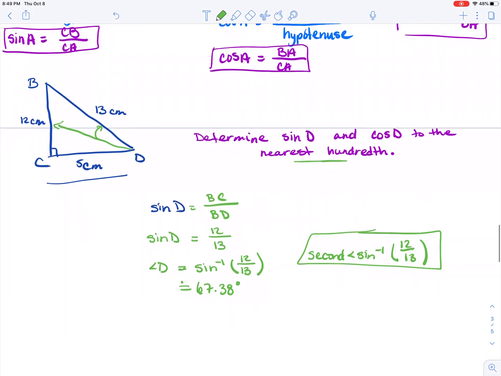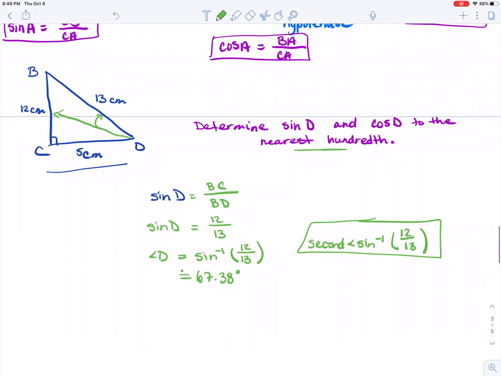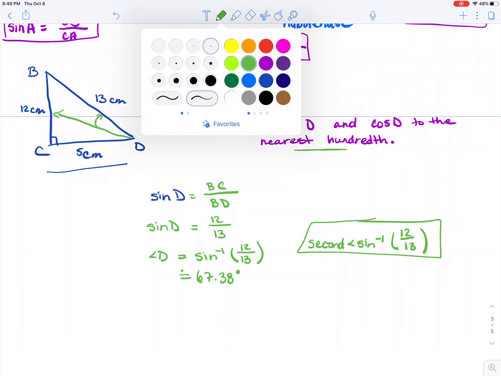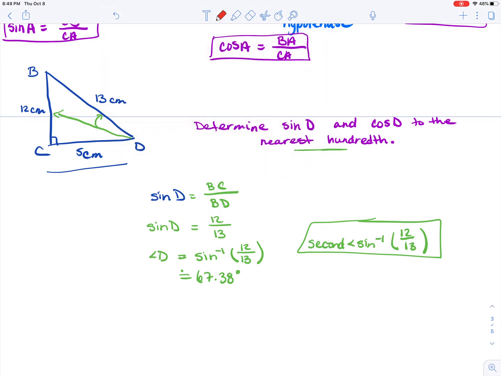Now let's look at cos D. So I'm looking at adjacent divided by hypotenuse. So that is CD divided by BD. And I know that CD is 5 centimeters and BD is 13.